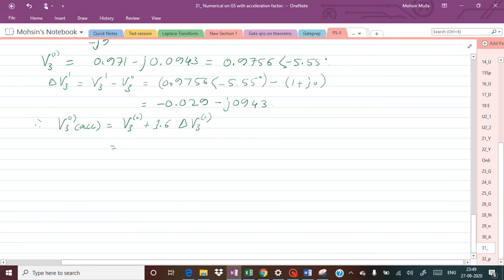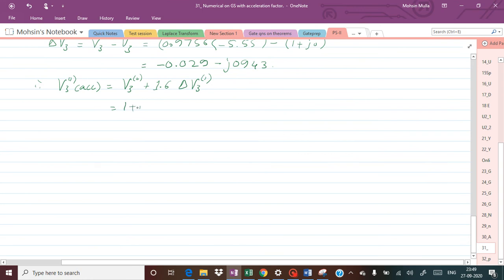Substituting this, 1 plus j0 plus 1.6 times delta, which is minus 0.029 minus j0.0943.